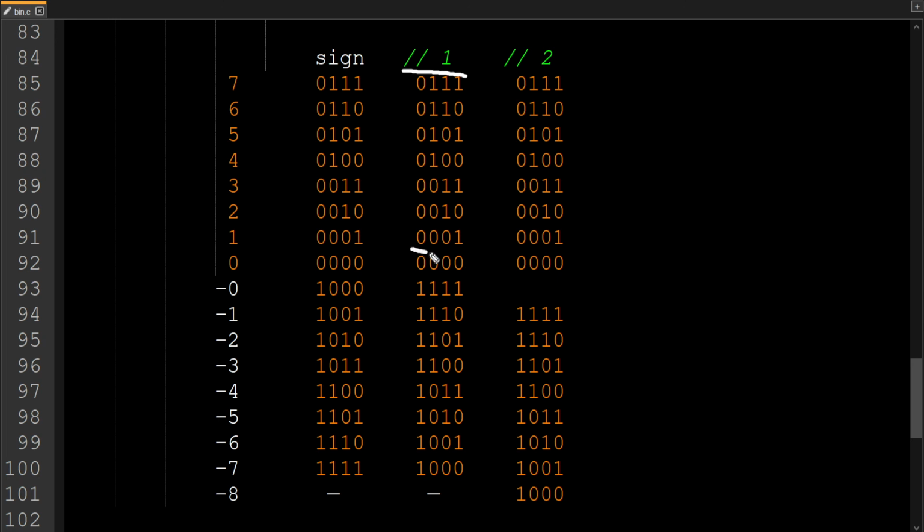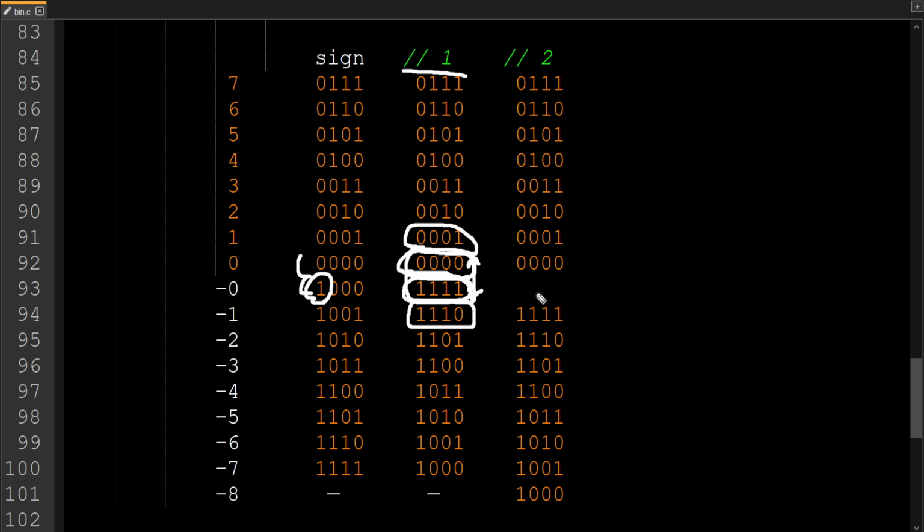So if we want to have 1 and make it minus 1, we invert it, and 0s become 1s, and 1s become 0s. You see? So it's first complement. And we have 2 zeros: here because we just need to add the sign bit, and here because we invert 1 0 to another -0.